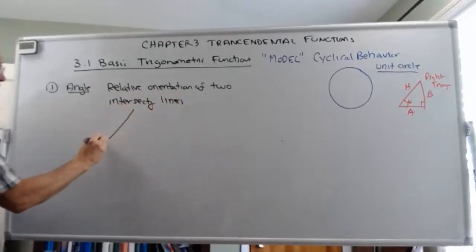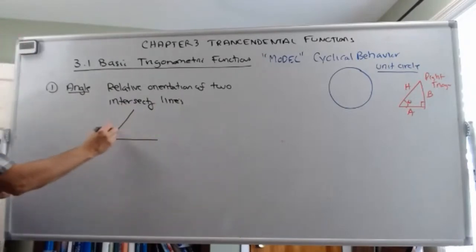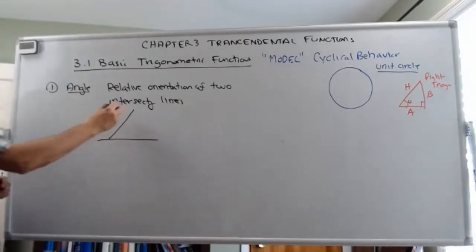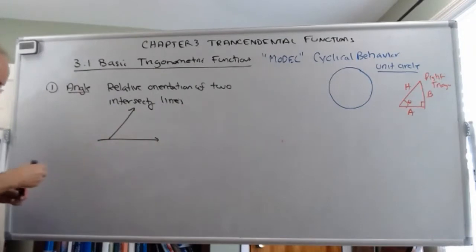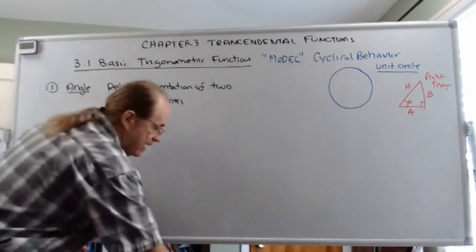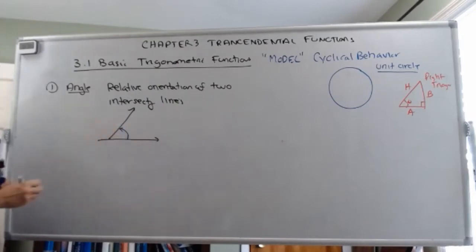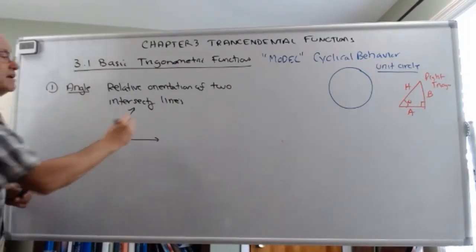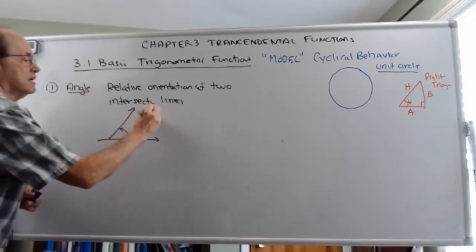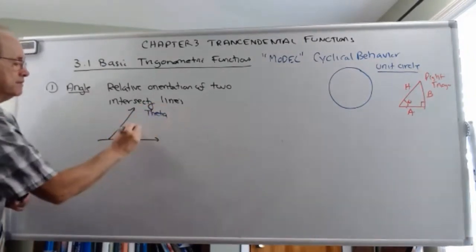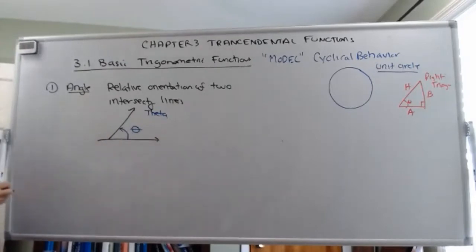I have a line here and say a line there, and they intersect at some point, and we'd like to measure this relative orientation with respect to each other. That we're going to define as an angle, and we're going to use the lowercase Greek letter called theta.